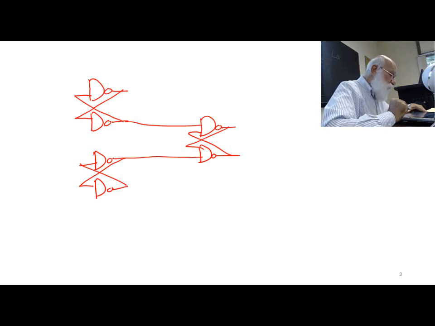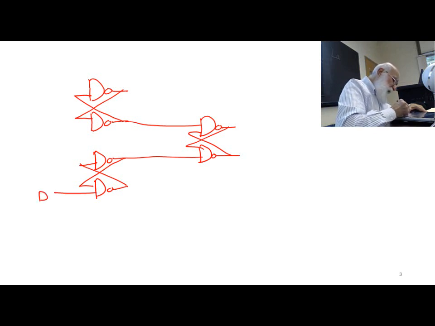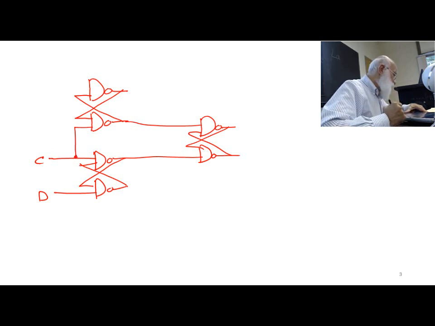This is my D. This is my clock input. Like I said, I'm not going to explain how this circuit is reached, but you will see that it really works, and it works very nicely.